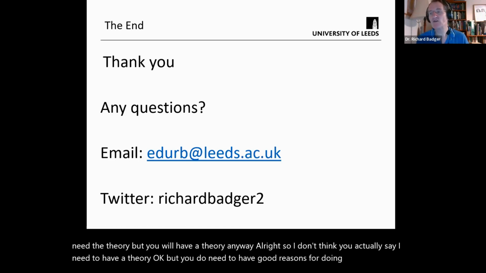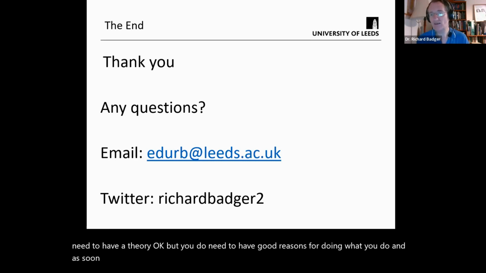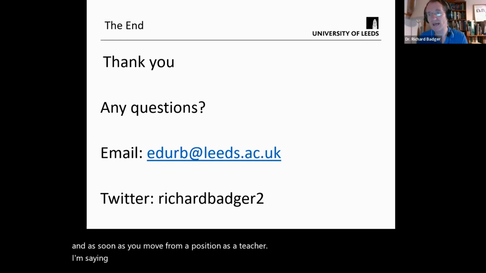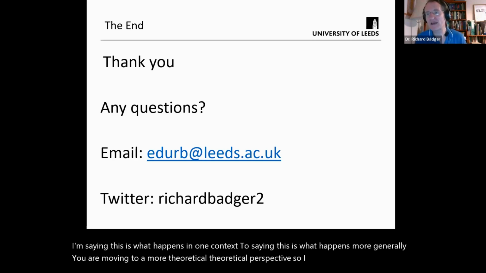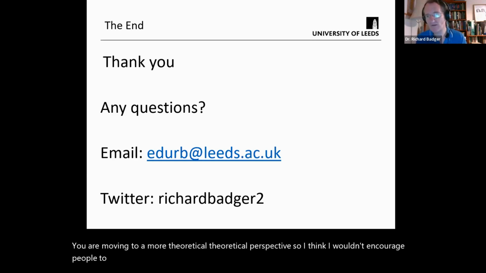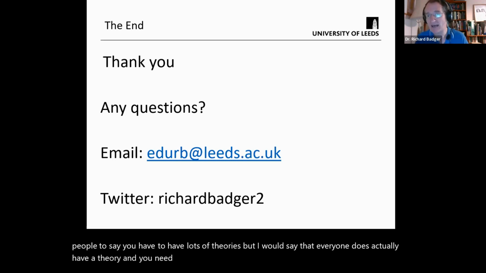As soon as you move from saying this is what happens in one context to saying this is what happens more generally, you are moving to a more theoretical perspective. I wouldn't encourage people to say you have to have lots of theories, but everyone does have a theory. You need to think about your theories and make sure that they fit reality.